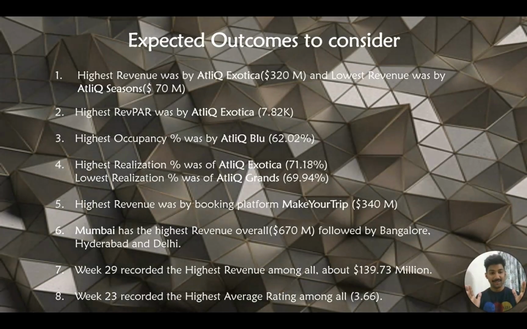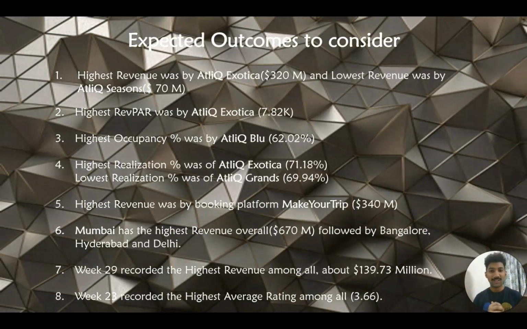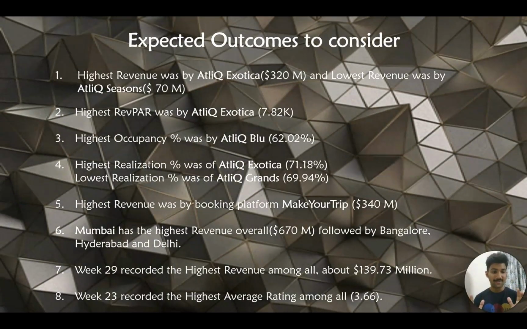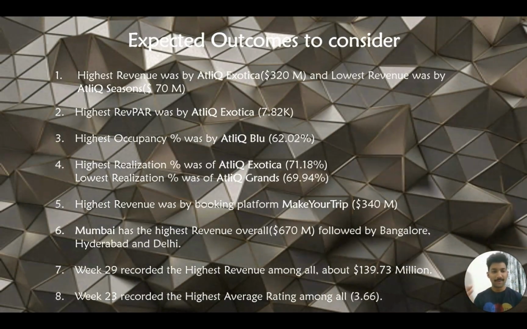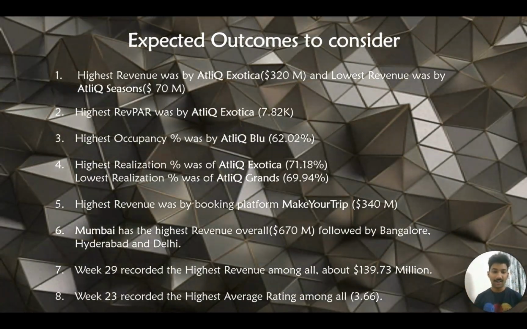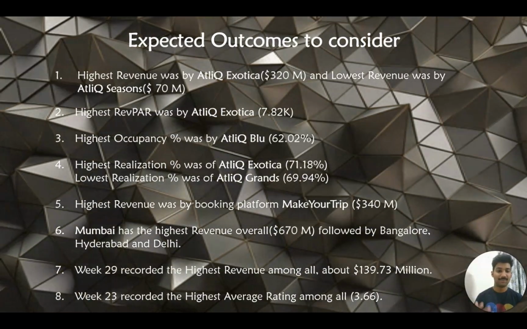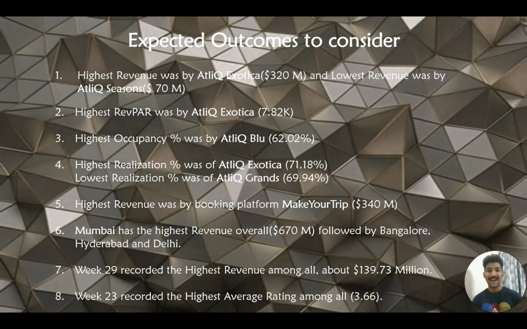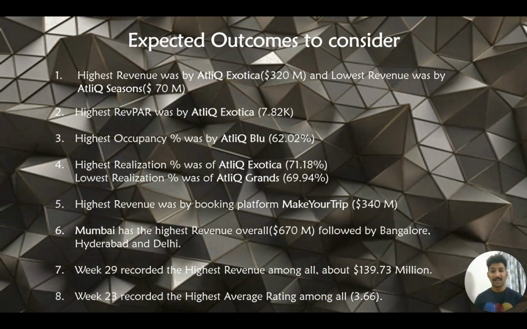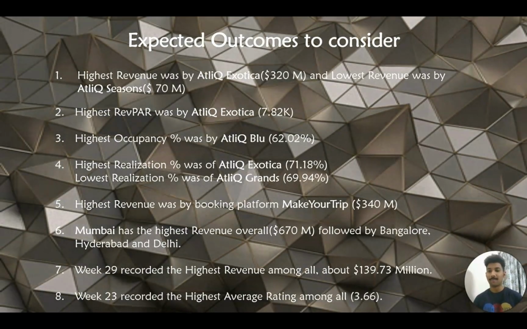So finally, now we are going to consider the expected outcomes. The expected outcomes that I have gained by using these dashboards are mentioned above. First, the highest revenue was by Adelaide Exotica, 320 million, and the lowest revenue was by Adelaide Seasons, 70 million.